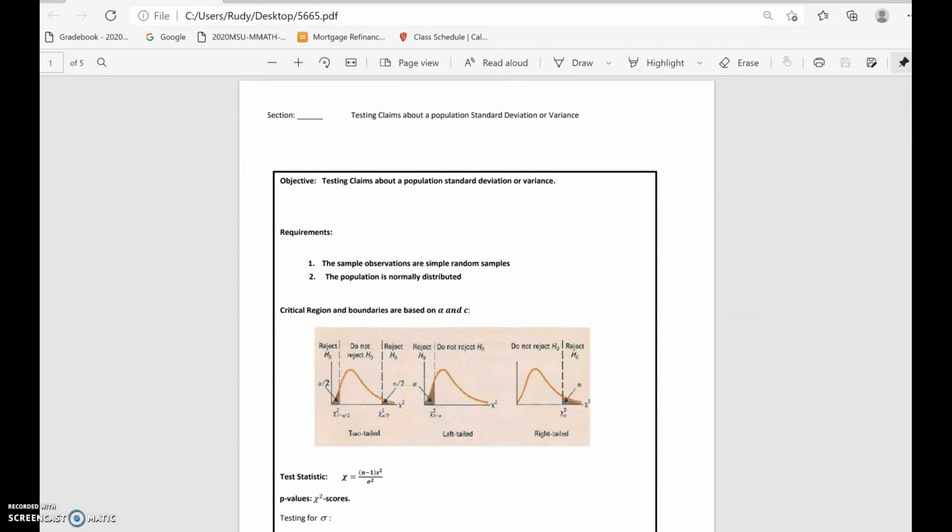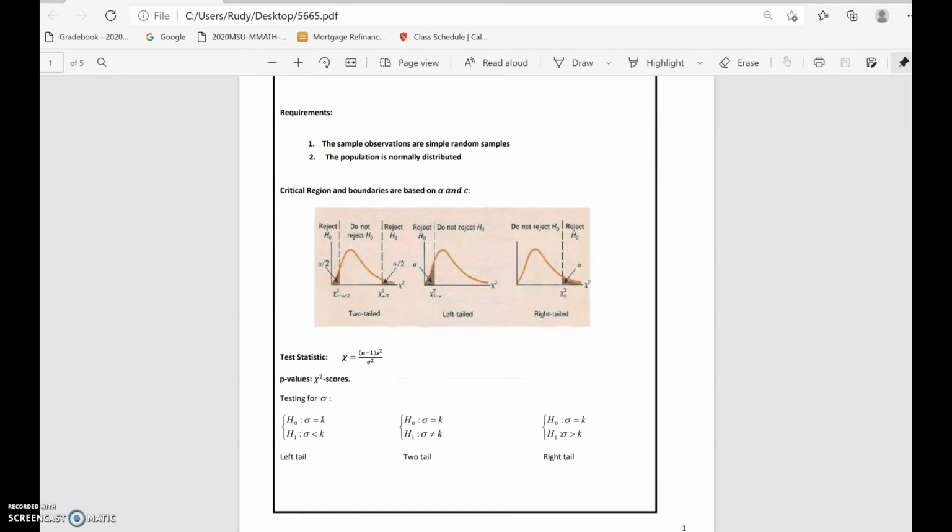So we're going to be performing hypothesis tests for the standard deviation or variance. It could be for either one of these two, but the actual tests are only performed, in terms of the notation, on the standard deviation.